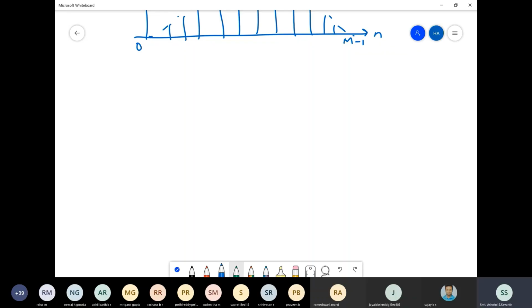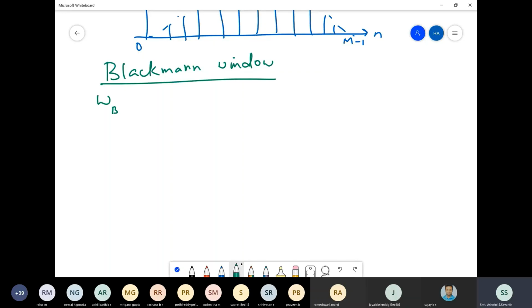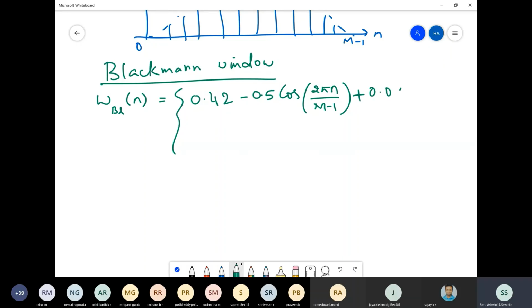Blackman window. The equation is w_BL of n equals 0.42 minus 0.5 cos 2 pi n by m minus 1 plus 0.08 cos 4 pi n by m minus 1, in the interval 0 to m minus 1 and 0 in other places.